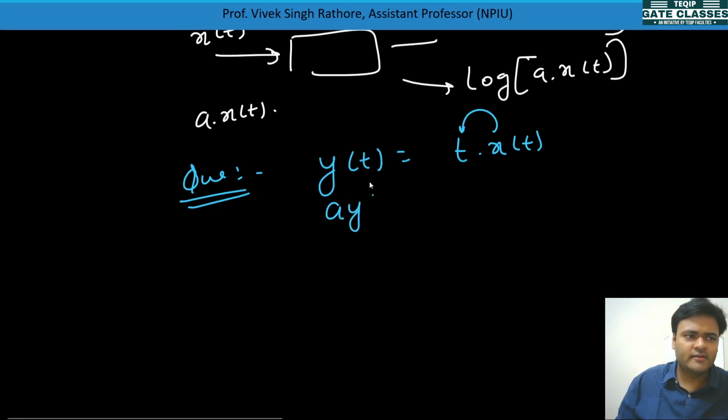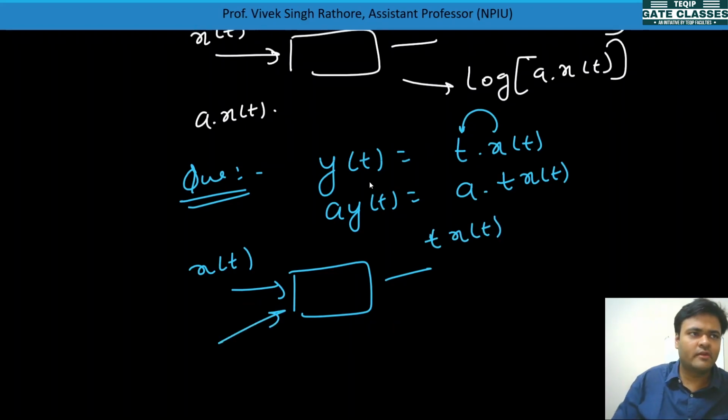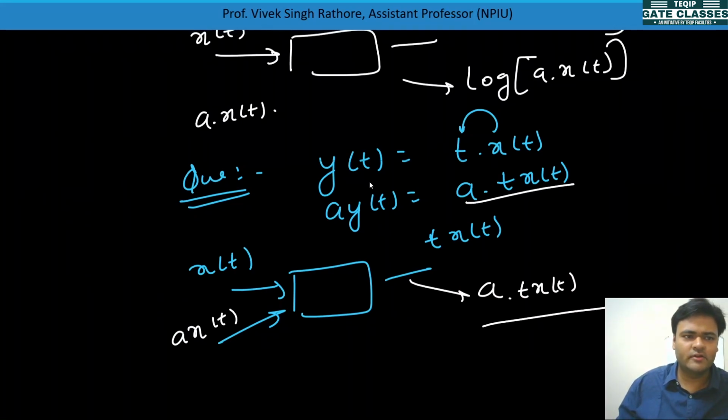A into yt, just you can do, a into yt is t into xt, and if you are giving input as xt, you are getting output as t into xt. If you will give input as a into xt, what we will get as output is a into t into xt. So see, a into t into xt, a into t into xt, both are satisfying the homogeneity principle.